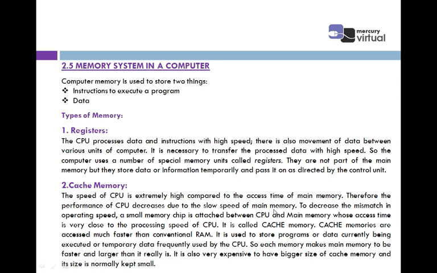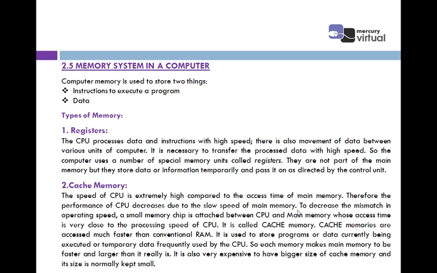As I told you, all the data and instructions are stored in the memory. But if there is no data, how does the CPU perform the operations? Because the CPU wants the data for doing the operations. If there is a slow speed for taking the data from the memory, the CPU sits idle, means there is no work for the CPU.